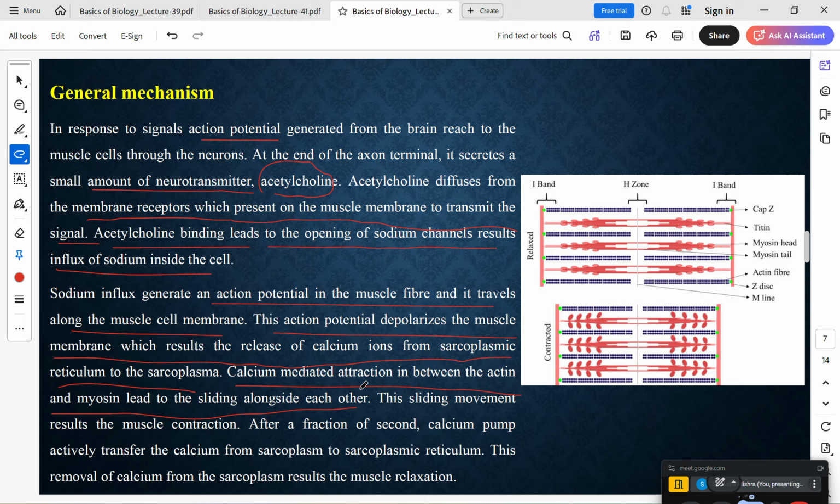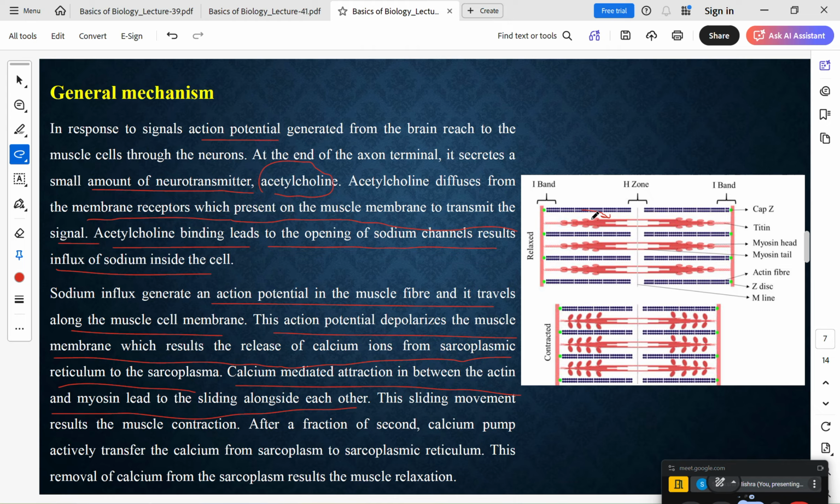Once acetylcholine is present, calcium is released. The calcium makes sure that the troponin which was present on the actin filaments gets released. This exposes the myosin binding site that is present on actin. So therefore the actin filaments can now bind to the myosin filament.